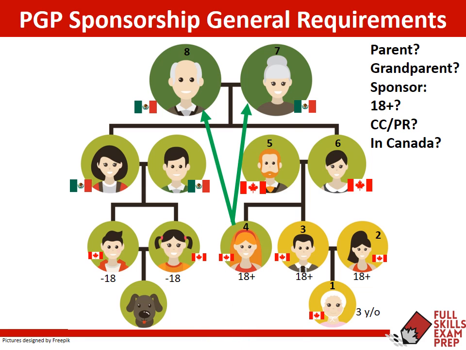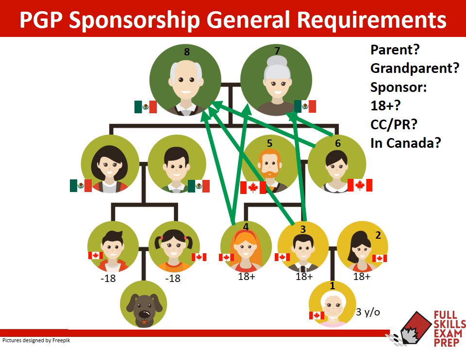Remember, of course, that his sister, number 4, can sponsor her grandparents. He can sponsor his grandparents as well, of course. But now you have the added benefit because his mother can sponsor her parents to become Canadian as well. Now I know exactly what you're asking.